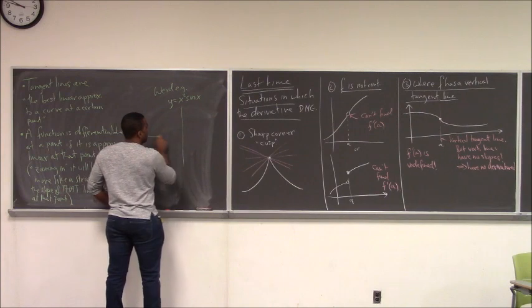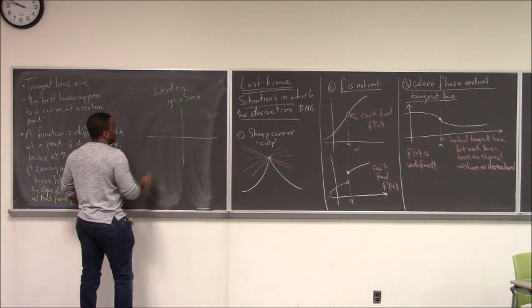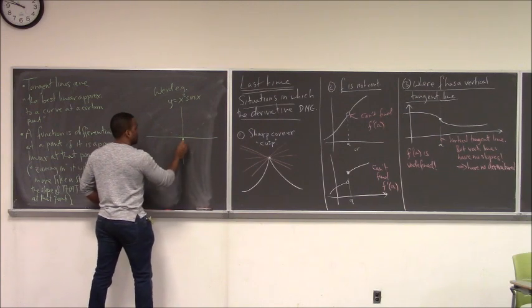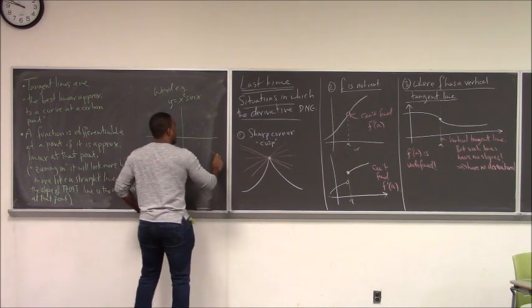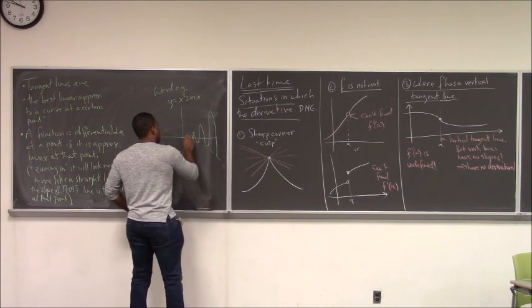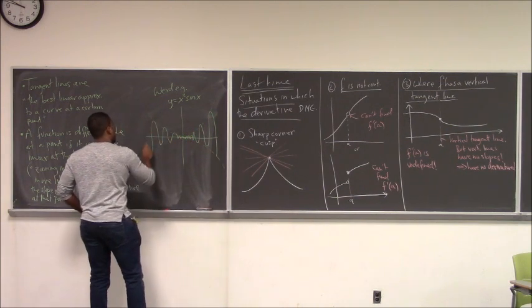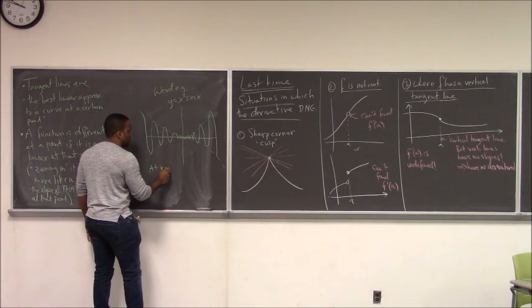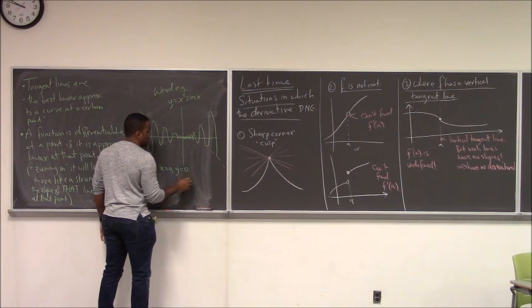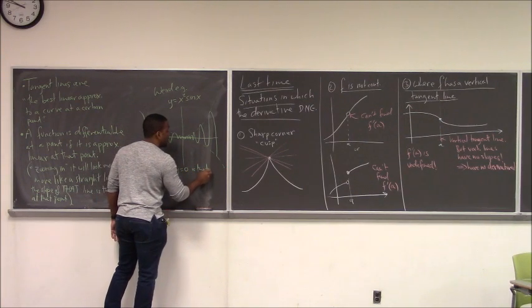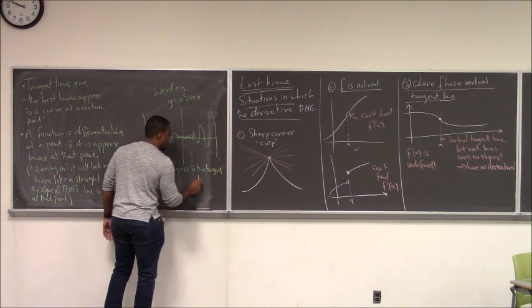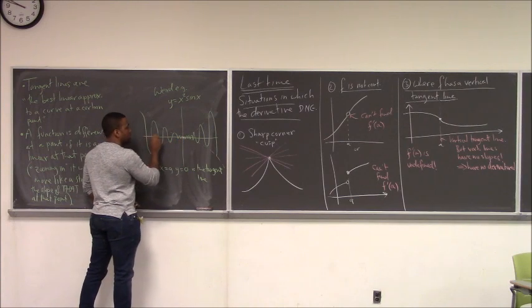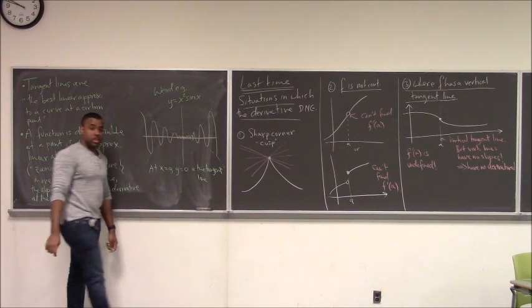Now, I believe we've looked at this function before. It's the guy that behaves like this. Now it turns out at x equals 0, y equals 0 is the tangent line. It will follow the definition, but if you look at the graph of y equals 0, it will actually touch the curve an infinite number of times.